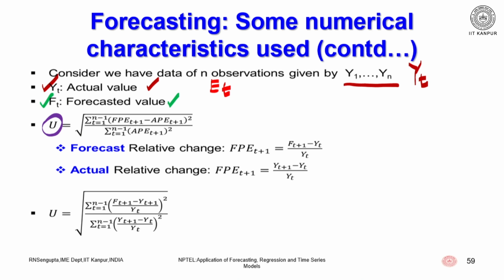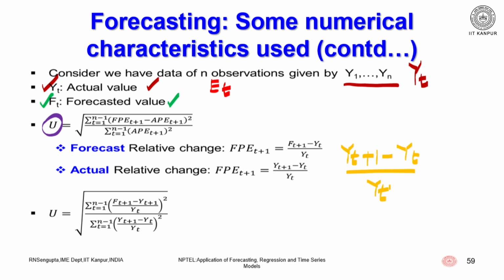Pay attention to the numerator and the denominator for the U statistics. The numerator has the actual relative change values, which is known as FPE t plus 1. What t plus 1 signifies is that I am taking the ratio of yt plus 1, which is the actual value for 1 day after, minus yt, which is the actual value of today, divided by yt.